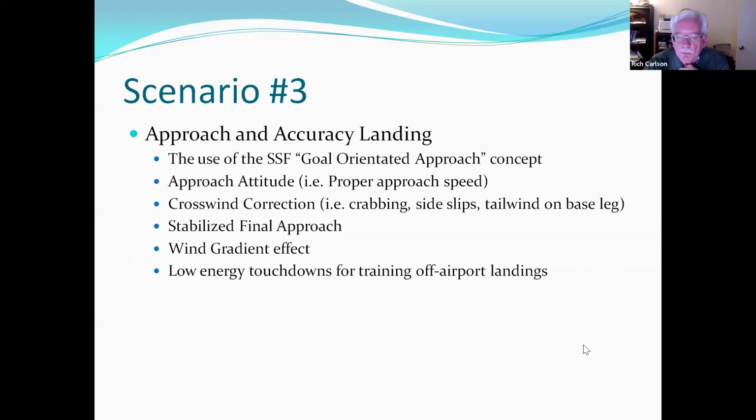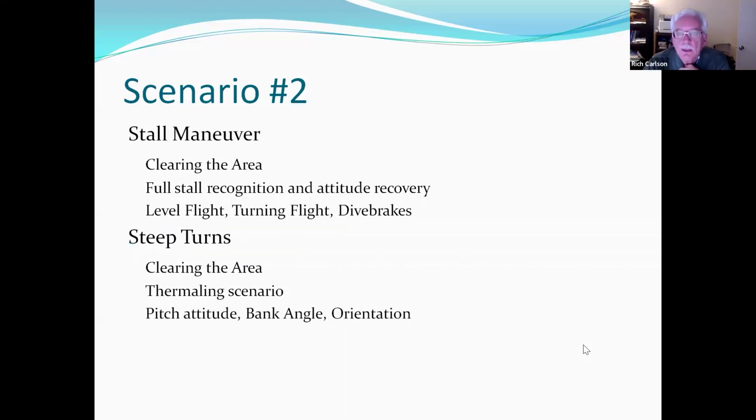So we got a couple of questions here, Ron. Okay. There's a couple of questions regarding whether you should make your clearing turns left then right, or right then left, or do you have a preference? Well, there is a reason to do it left and then right.